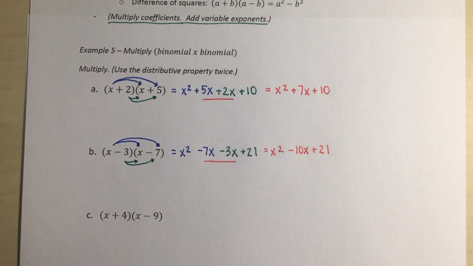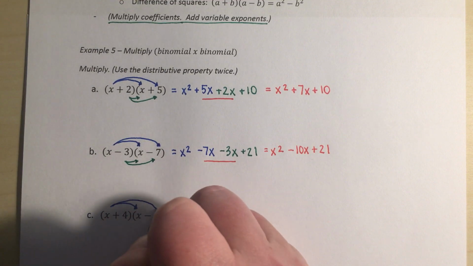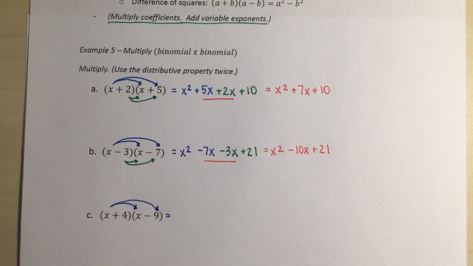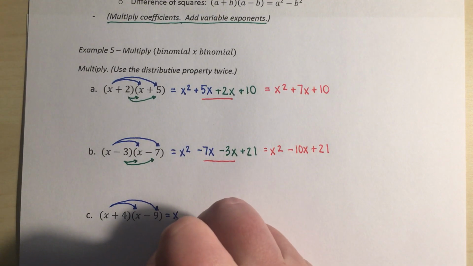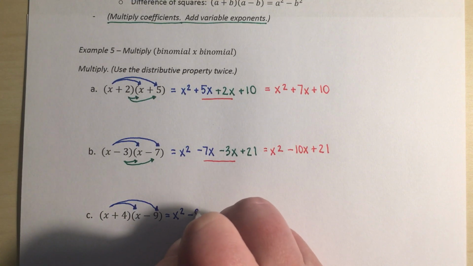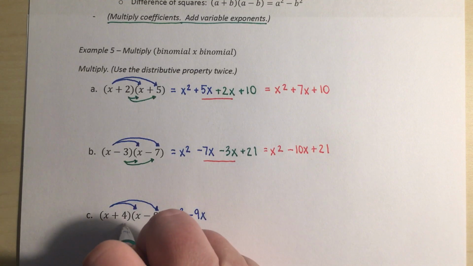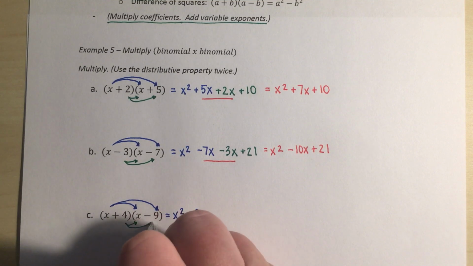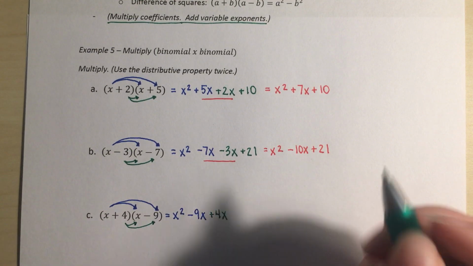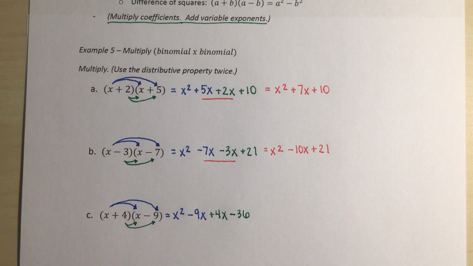Right, so let's work through C. Again, we're going to start by distributing our x. x times x is x squared. x times negative 9 is negative 9x. Now we're going to distribute our 4. 4 times x is 4x. 4 times negative 9 is negative 36.